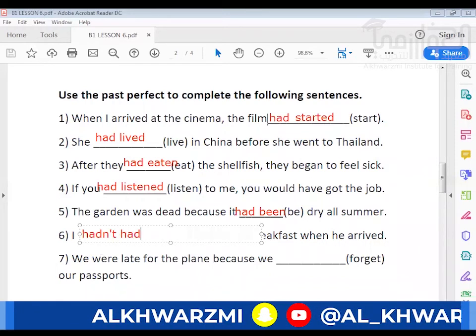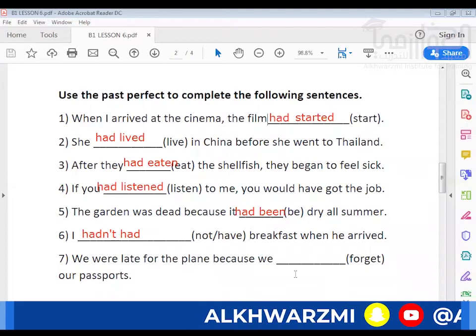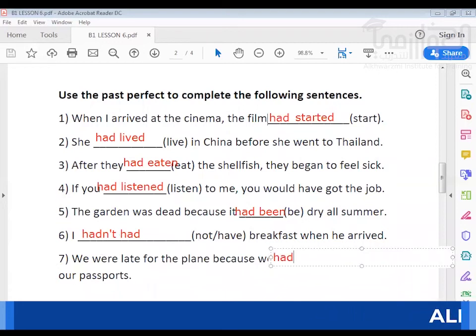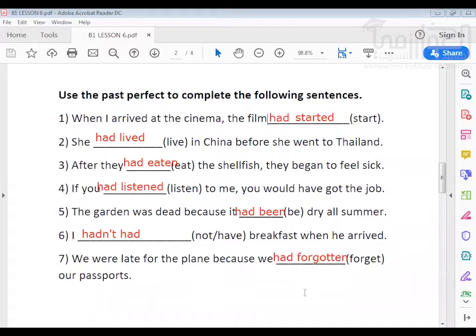So I hadn't had breakfast when he arrived. We were late for the plane because we had forgotten our passports. So these are the answers for the past perfect.